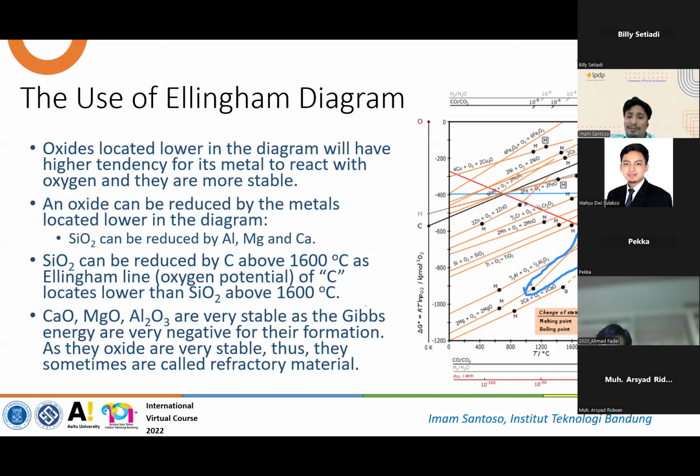The Ellingham line of carbon is below magnesium oxide below 1000 and, for example, 1800. Can we reduce magnesium oxide to become magnesium below 1800, for example, at the temperature of this one?